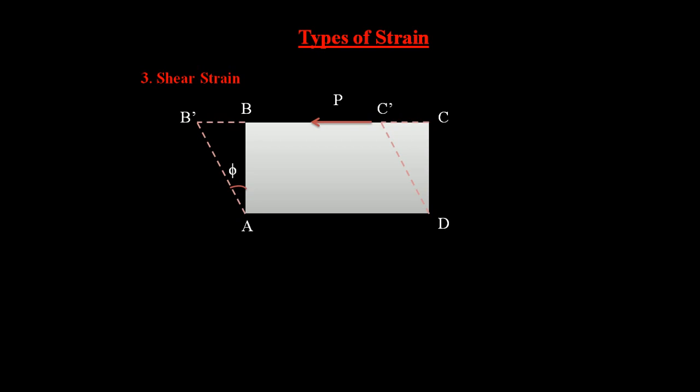Based upon this, again we can define the shear strain. Strain produced by the shear force is called shear strain. Sorry, here I am giving the definition, that is the strain produced by the shear force.